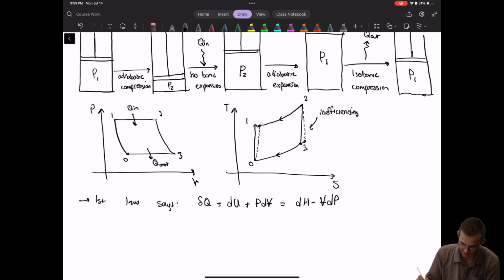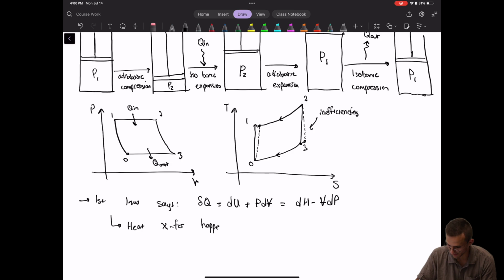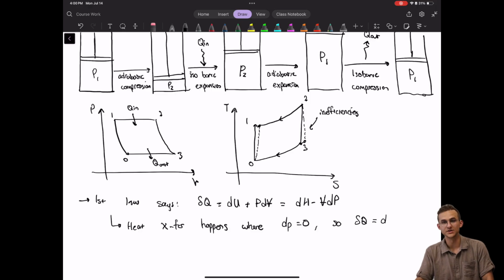The heat transfer happens where the pressure change is equal to 0. So any heat change is directly equal to the change in enthalpy for a Brayton cycle.